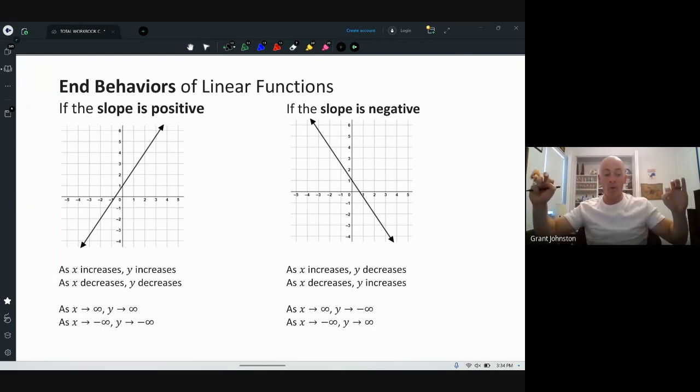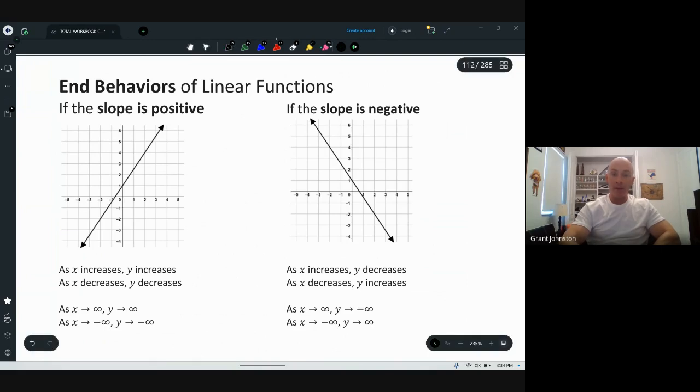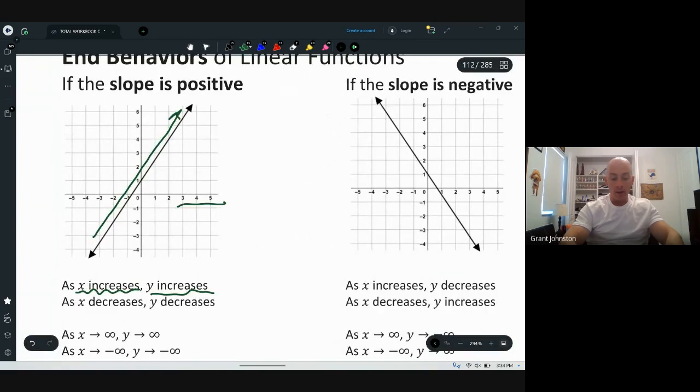Okay. So, when we have these continuous linear functions that go on forever, if the slope is positive, like we have here where this line is slanting up, as x increases, y increases. As we go to large values of x, as we go this way, the y is also going up.